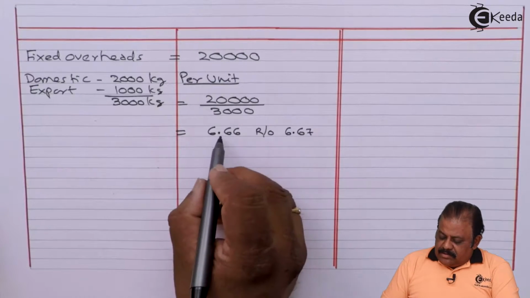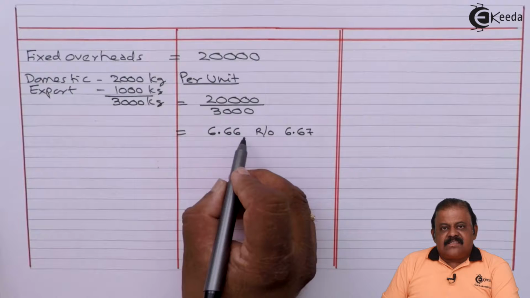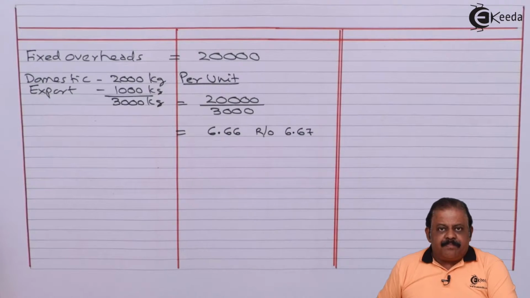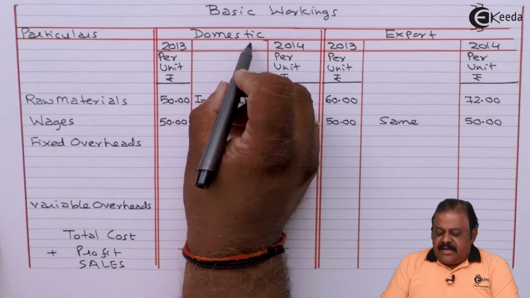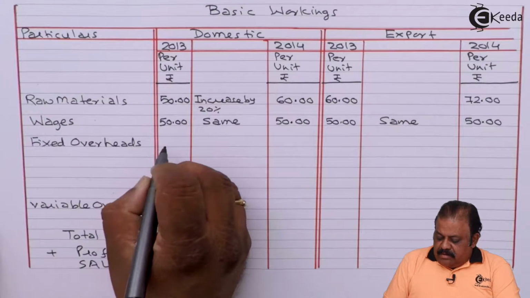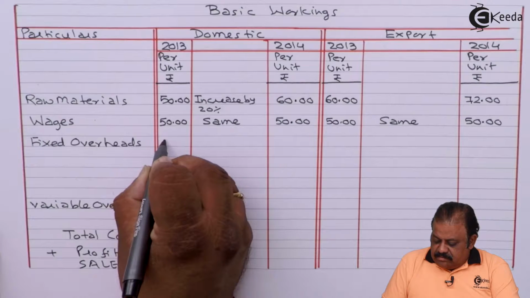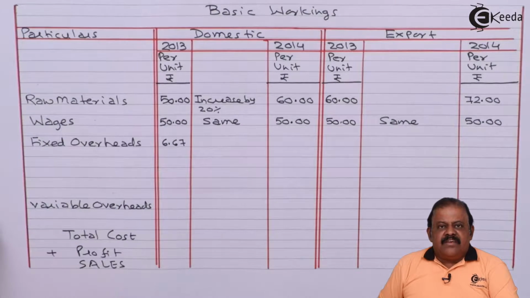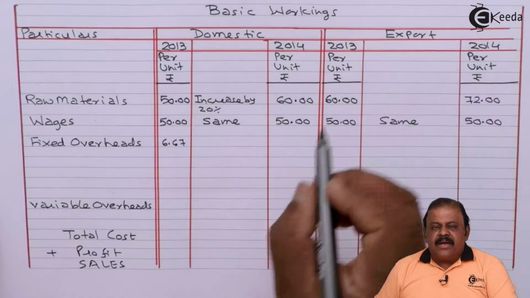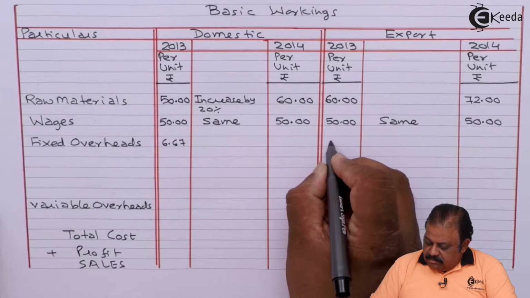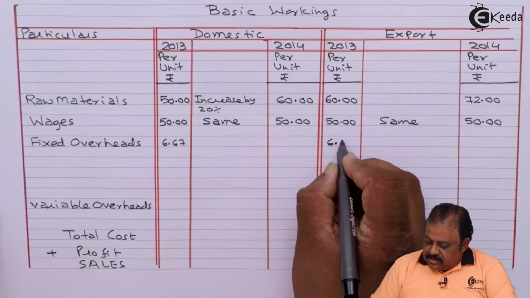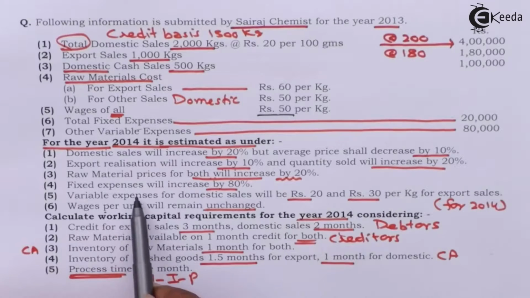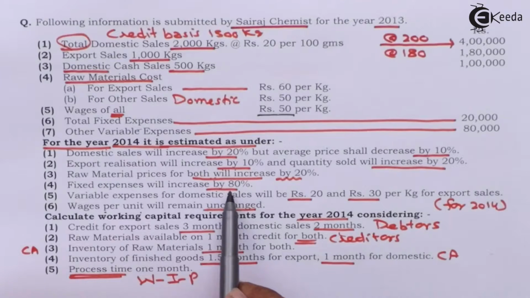So it is per unit 6.6666. So it can be rounded off to 6.67. So in case of domestic market, in current year, per unit fixed overheads 6.67. In case of export market, for current year, per unit it will be 6.67.